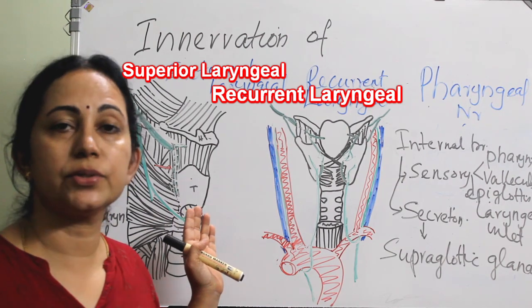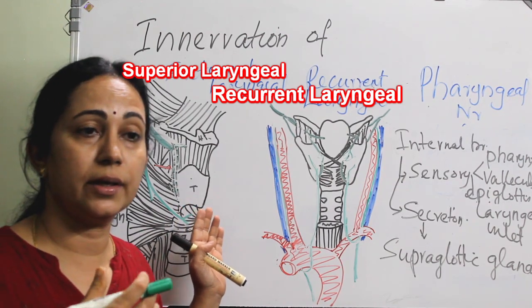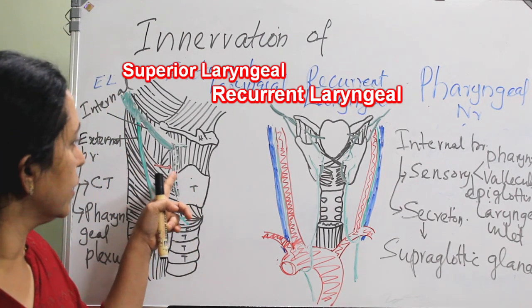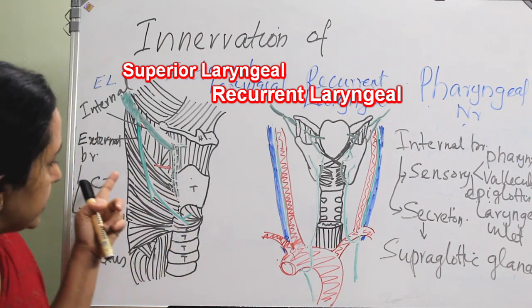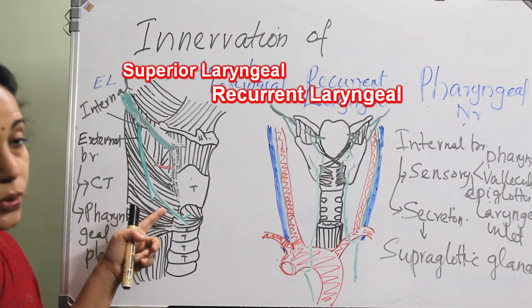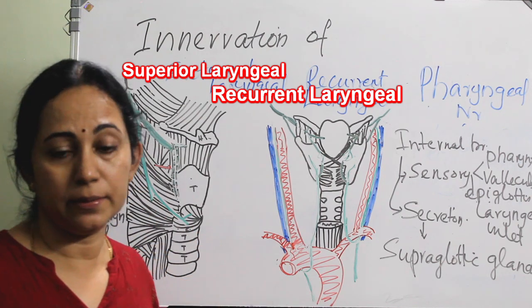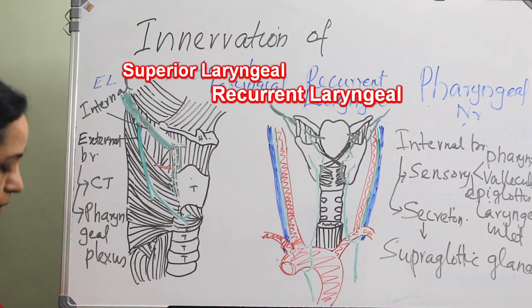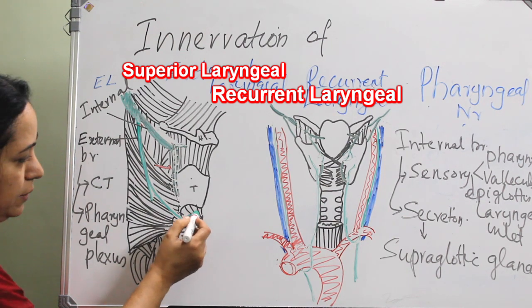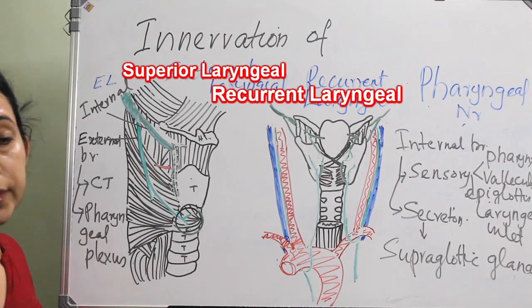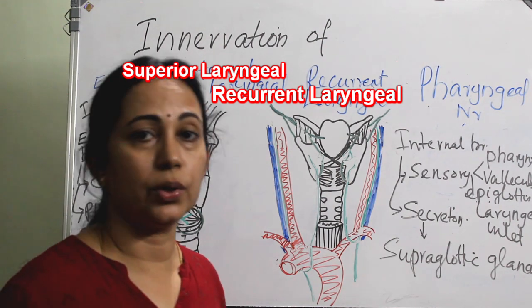And this external branch of external laryngeal nerve descends towards the superior pole of thyroid cartilage and on the surface of inferior constrictor muscle, and it supplies this cricothyroid muscle, which is the only tensor of the vocal cords.